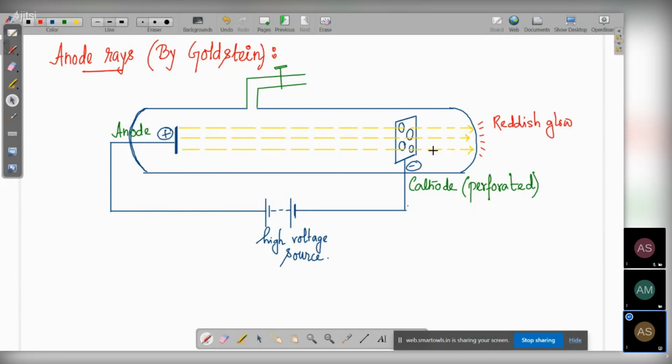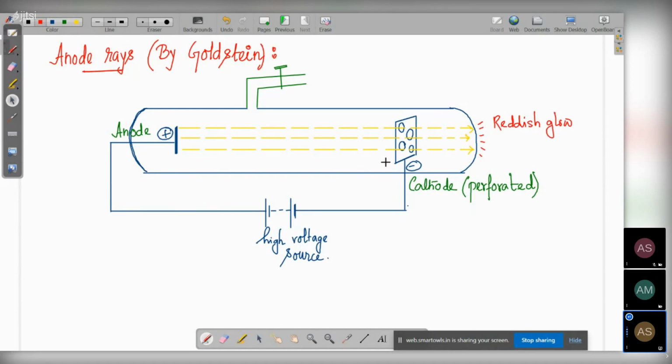He also said that whatever is striking this glass surface cannot come from the cathode, because then it would have to move in the opposite direction, since cathode rays move from negative to positive. So whatever is striking this side is coming from the anode.